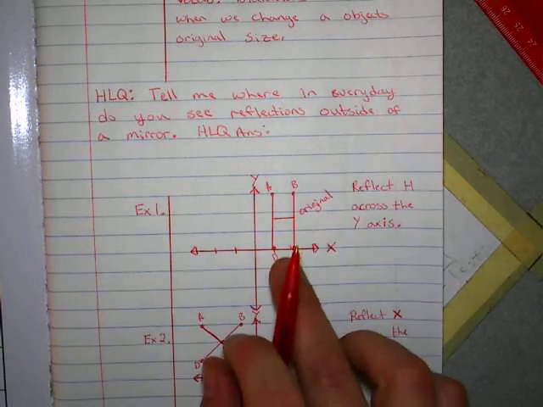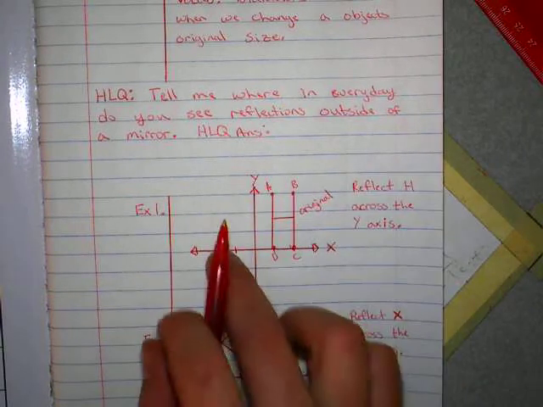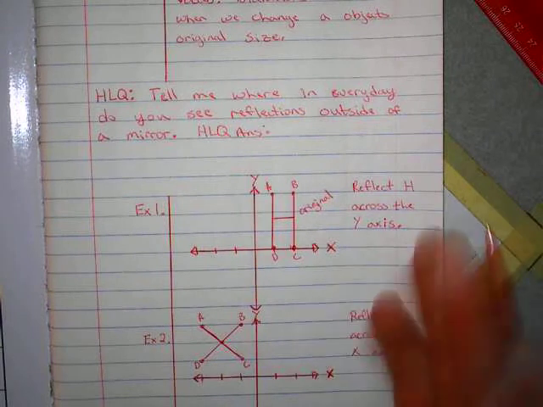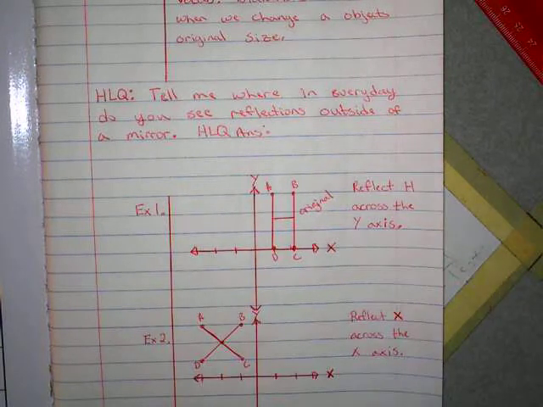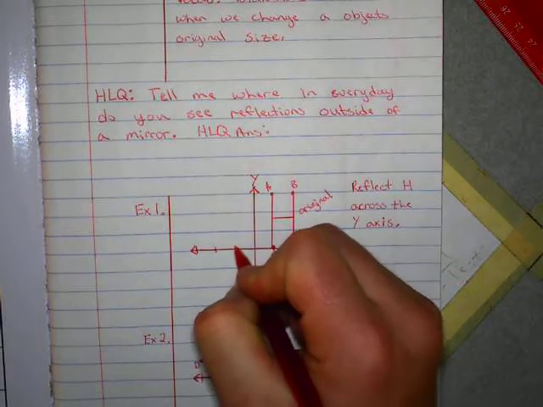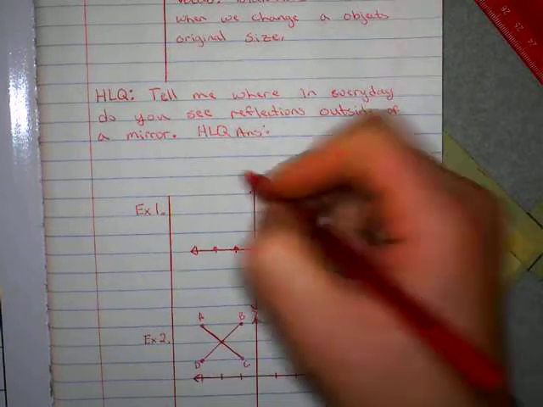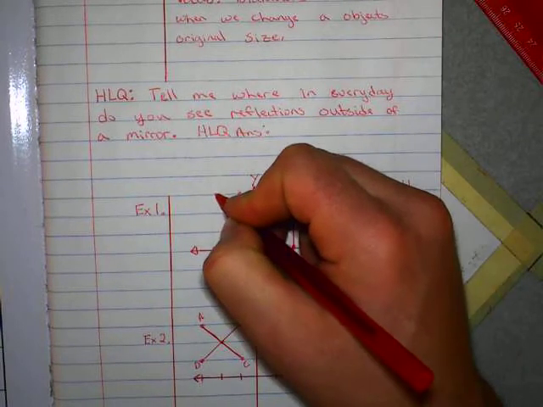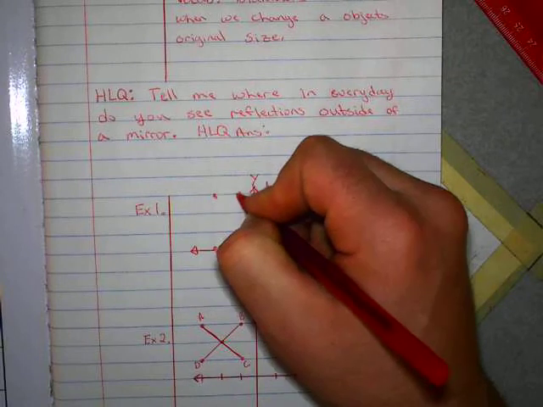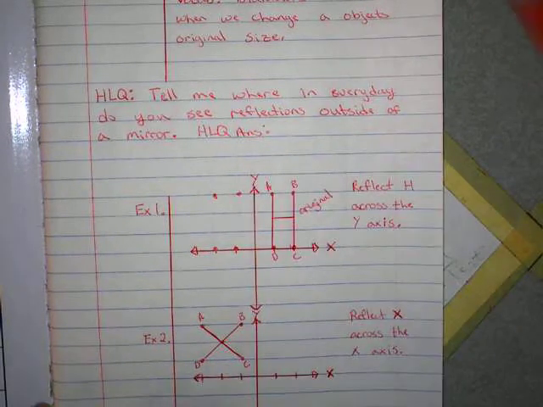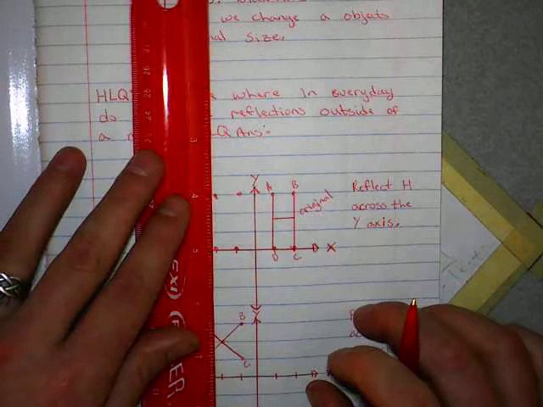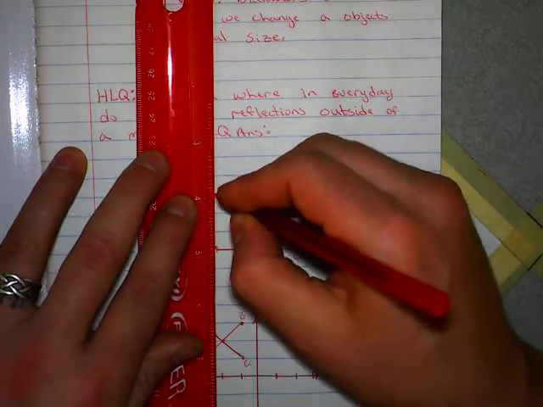Now, we know that the shape of this H will not change, even though we reflect it. So we're going to go ahead and put the shape of our H and the location of its new points down. I'm going to draw this out nice and neat so that everybody can see.